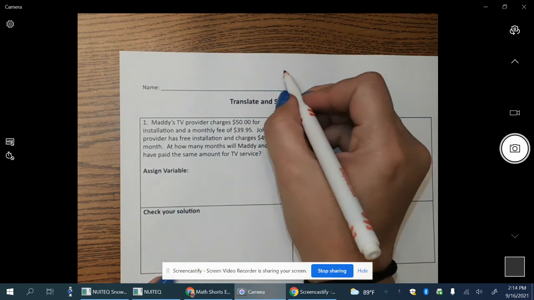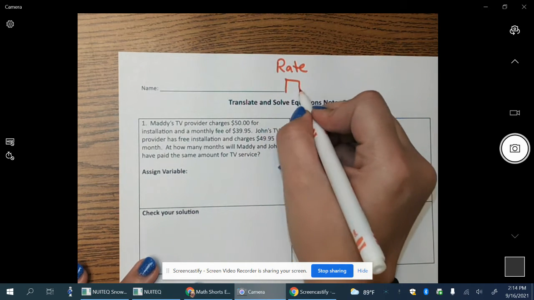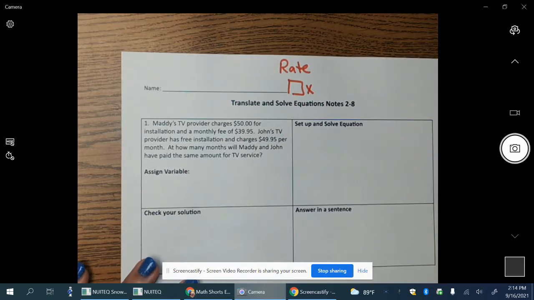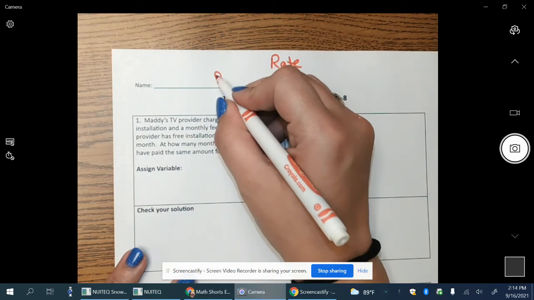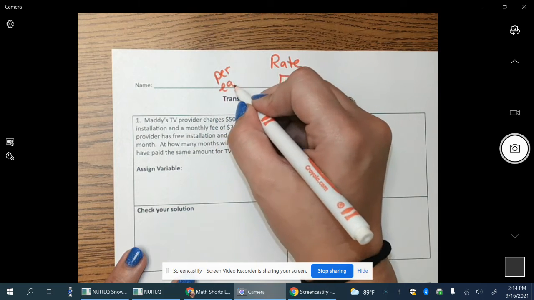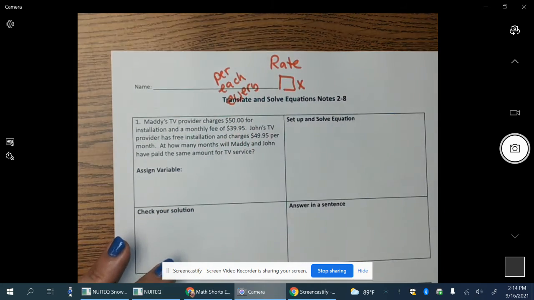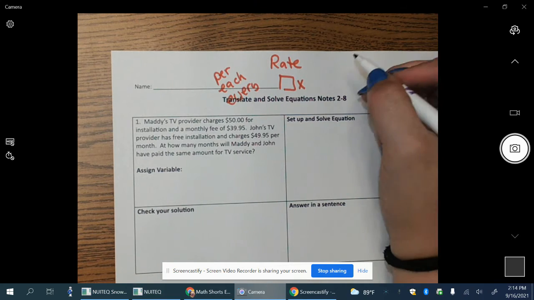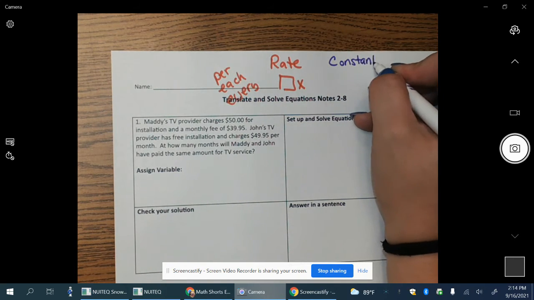The first thing you always need is a rate, okay? Your rate has an X attached to it. What does your rate have? An X. So these are going to be when you see per, each, every, monthly, weekly. That is something that's happening multiple times, okay? Sometimes you're going to have a constant, which is a what?